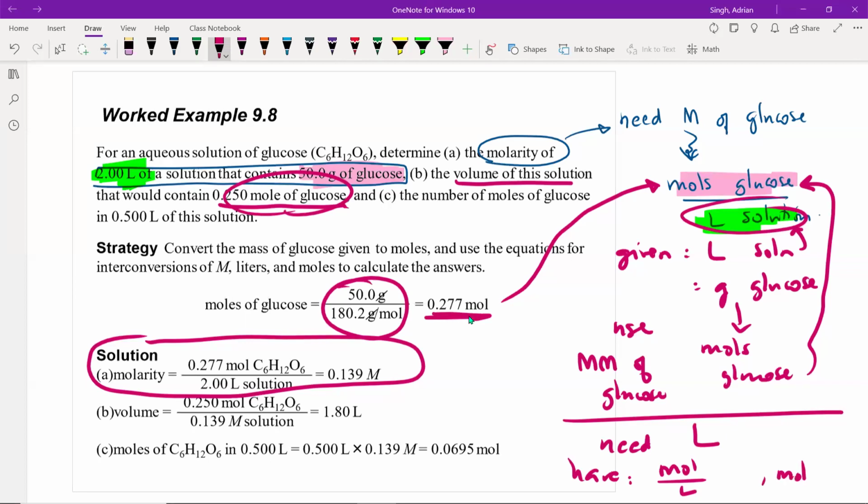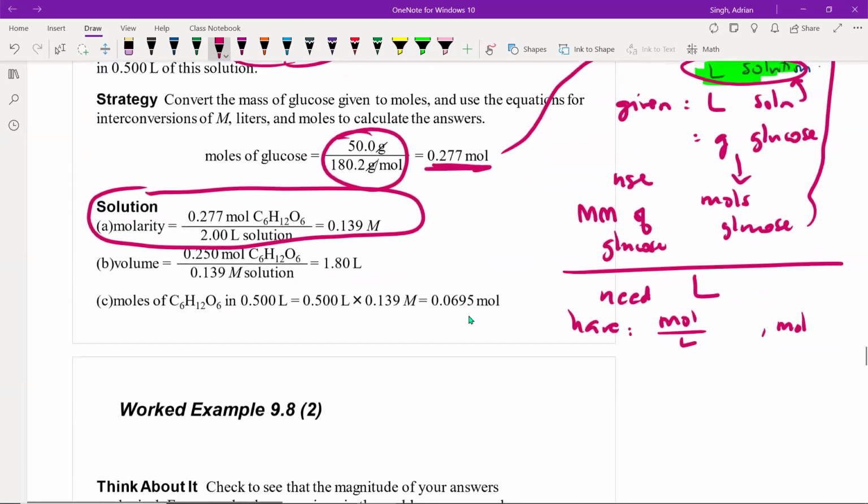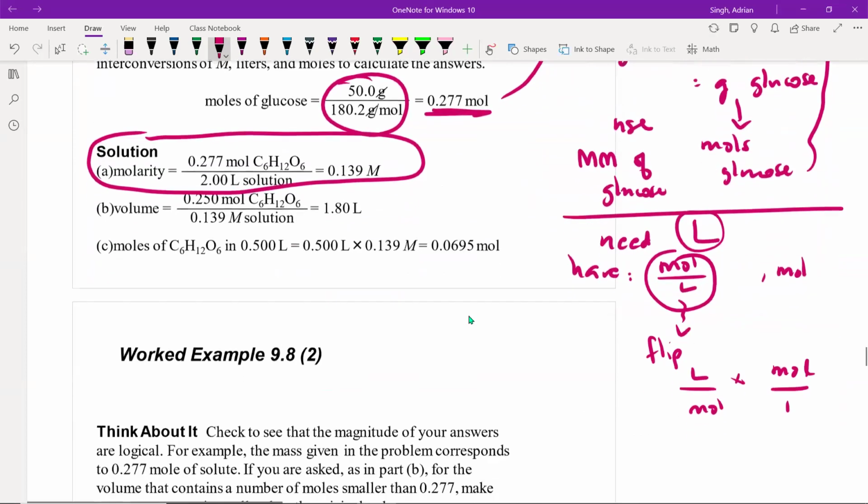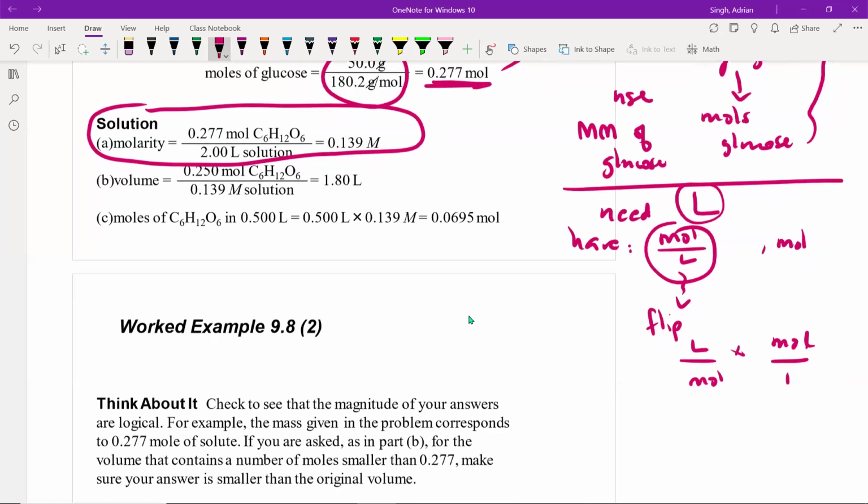We have moles. In order to get to liters, we can take our molarity and flip it, because that's a conversion factor. Liters over moles, and then we multiply by the moles that were given, and we end up with our answer.